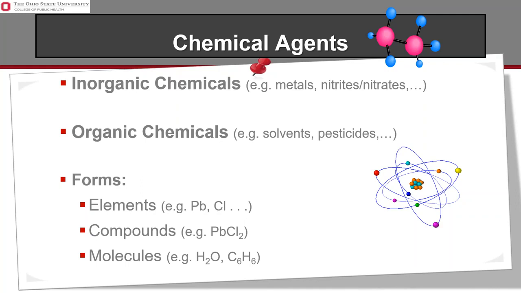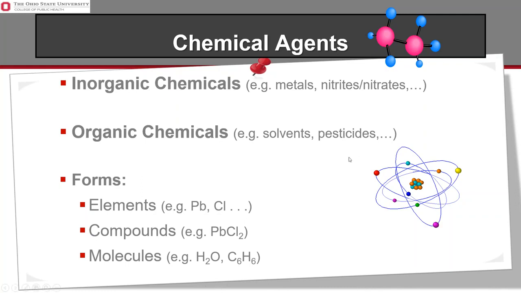But we also have some concerns of some other inorganic chemicals such as nitrites and nitrates, more of a concern in drinking water, well water, associated with methemoglobinemia, for example, oxides of nitrogen, oxides of sulfur relative to ambient air pollution and so forth.